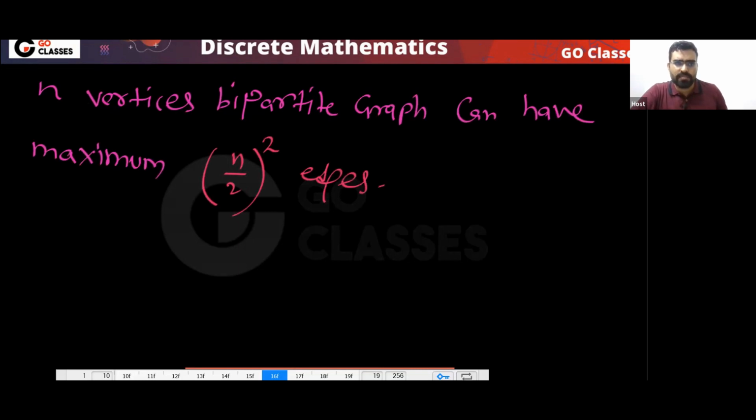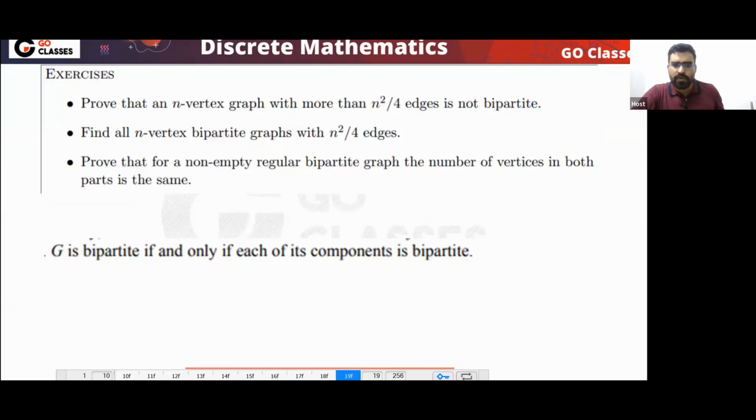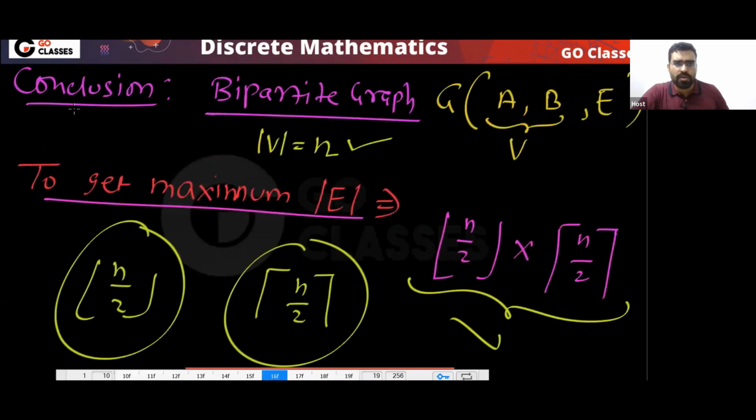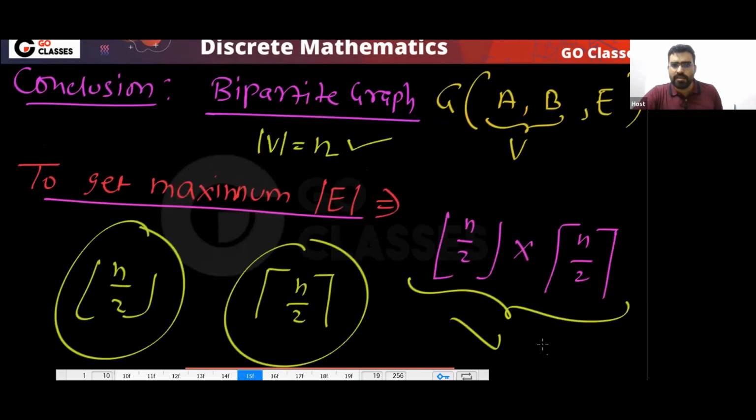Let's assume n is even. Approximately, this is the maximum number of edges. Or I can say n by 2 floor times n by 2 ceiling. This is the exact value.